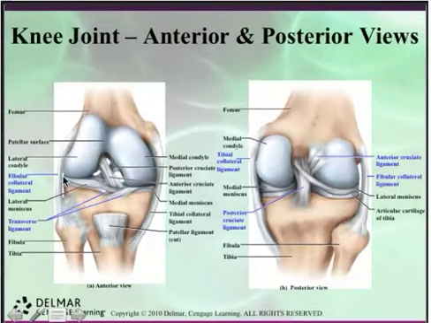The fibular inhibits lateral movement, while the medial, the tibial collateral ligament, inhibits medial movement of the knee. And you can also see there's a couple of transverse ligaments down here that also help to stabilize the knee joint, but the big players here in anterior-posterior stabilization are the cruciates.